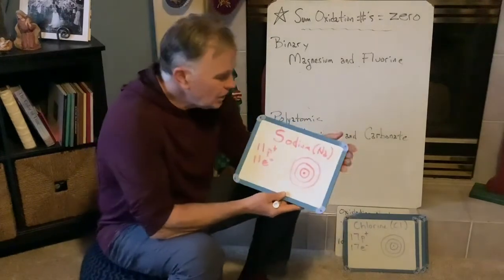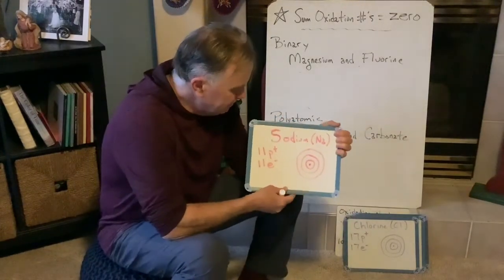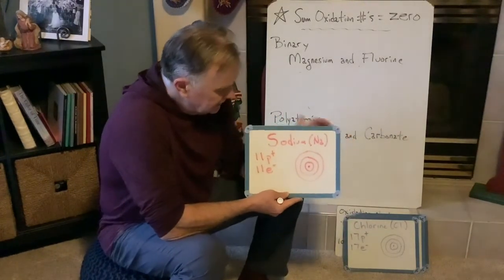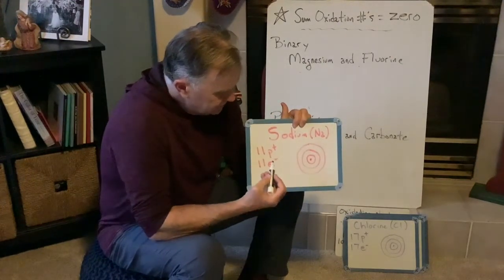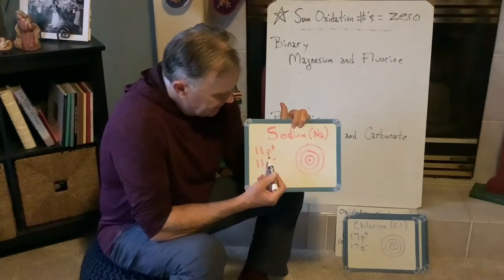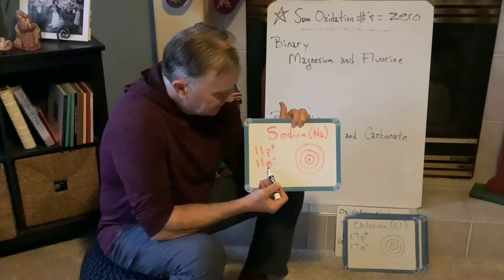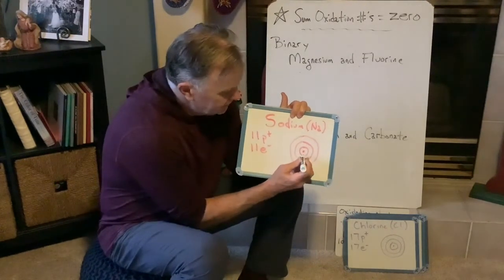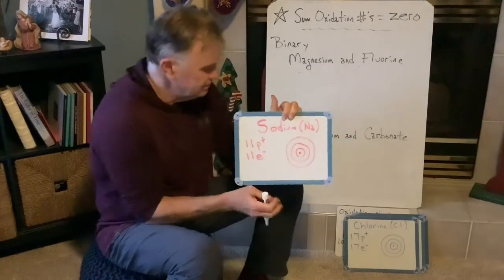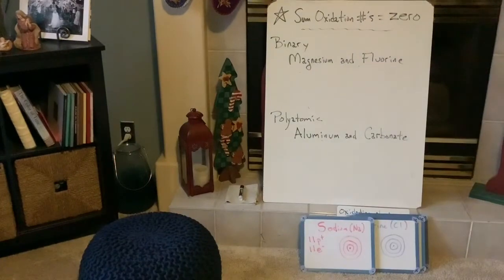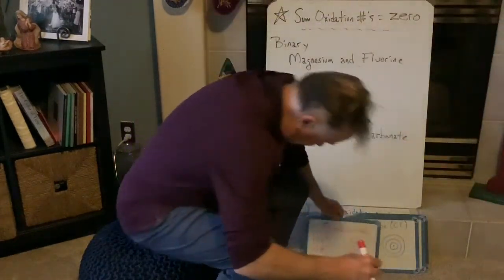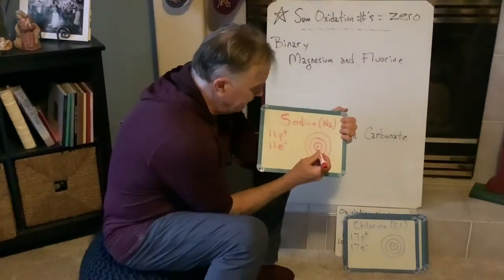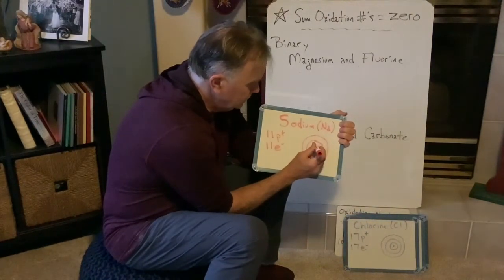Take a metal called sodium. Sodium has the atomic number of 11, so it's got 11 protons and 11 electrons. If we fill in this shell, it's going to take 2.